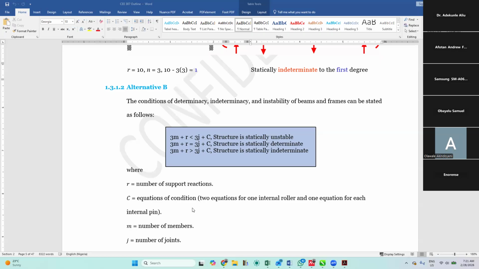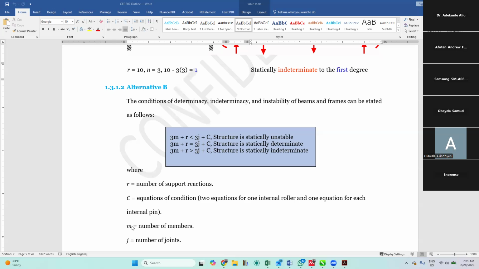For a roller support that is at the internal member, we have 2 equations for that. And for a pin support, we have 1 equation. That is, our C will be 2 for a roller in the internal structure of the member, while our C is 1 for a pin at the center of a member or that is joining a member.